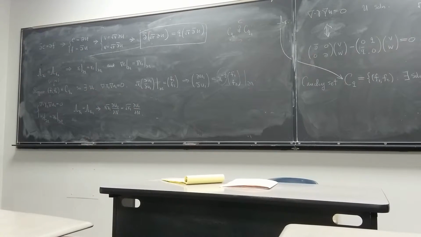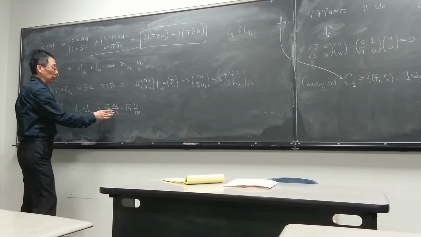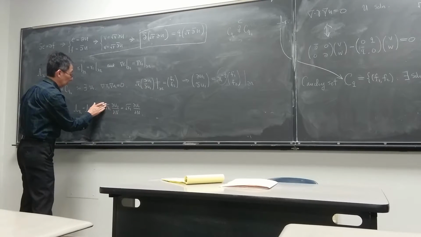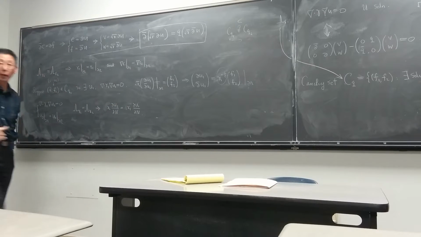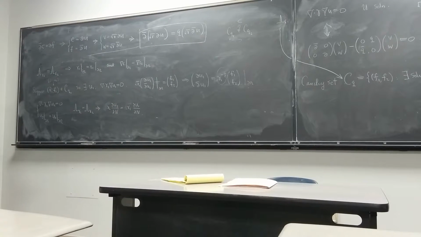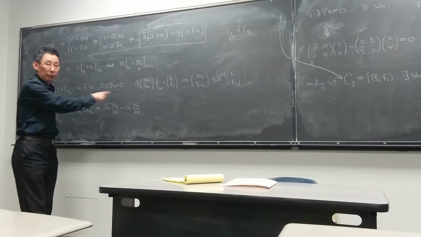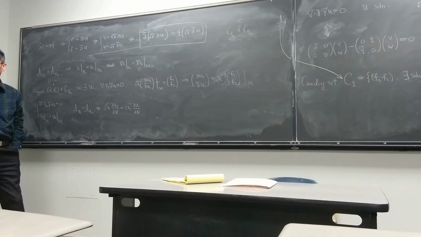Right? So this is defined to be the square root. So the Neumann map equals, that means this. Okay. So what does it mean here?